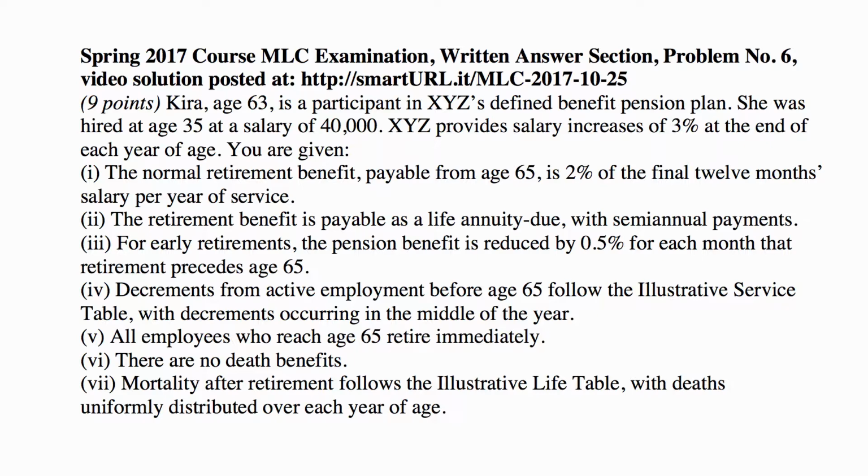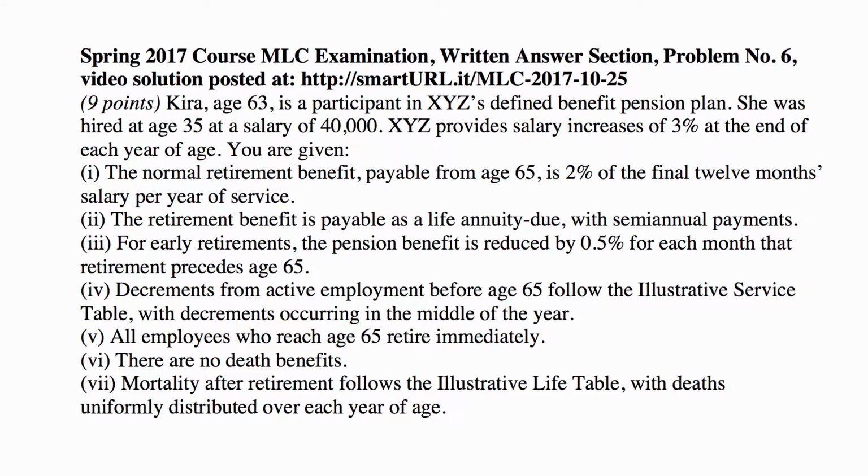You are given the normal retirement benefit payable from age 65 as 2% of the final 12 months salary per year of service. The retirement benefit is payable as a life annuity due with semi-annual payments. For early retirements, the pension benefit is reduced by 0.5% for each month that retirement precedes age 65.